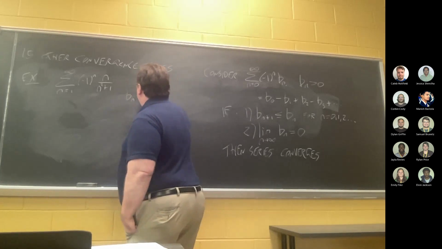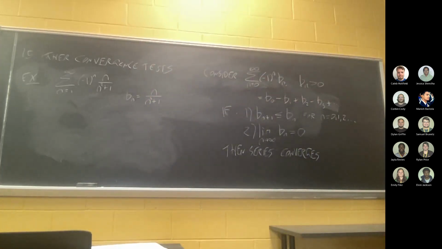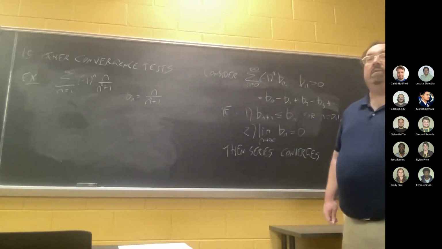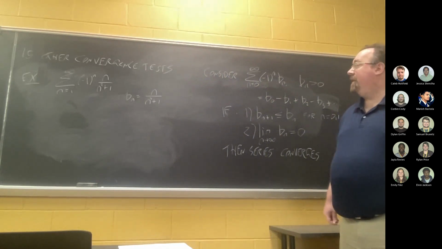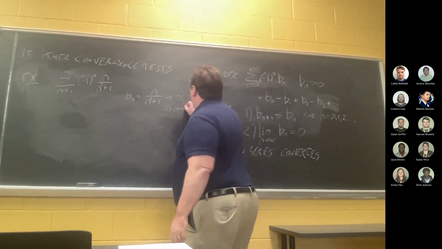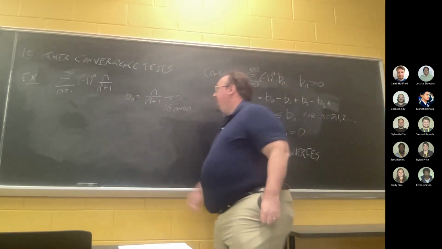Now, bn in this case is n over n squared plus 1. We want to be sure that this is decreasing or at least not increasing, and that it's going to 0. Is it going to 0? Yes, this certainly goes to 0 as n goes to infinity. In this case, you can tell that it is getting smaller and smaller, just because the denominator is growing faster.